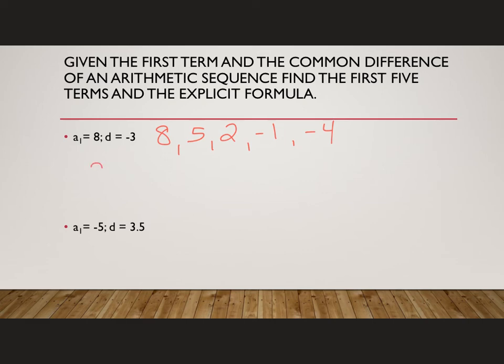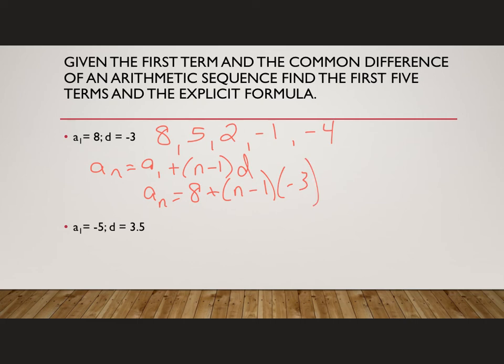So if you remember correctly, that was a sub n equals a sub 1 plus n minus 1 times d. Okay? So we know our common difference is negative 3. So I have a sub n equals, however, my first term was 8, plus n minus 1 times negative 3.